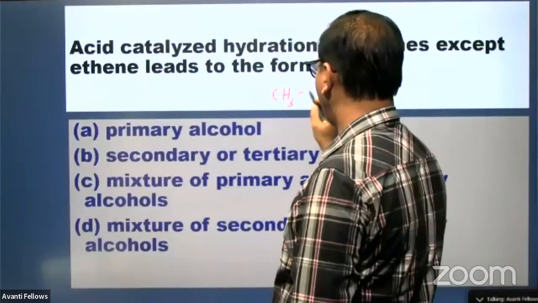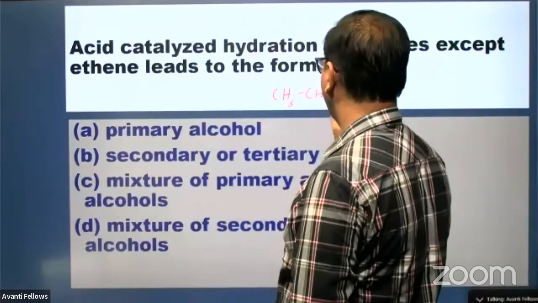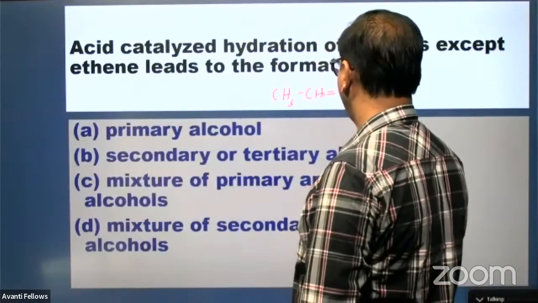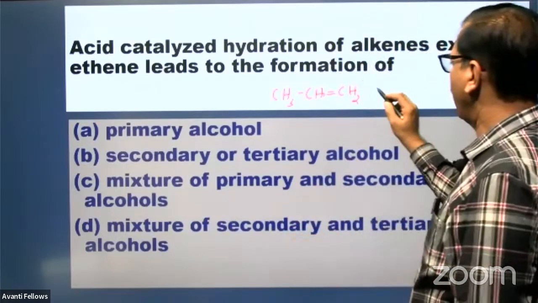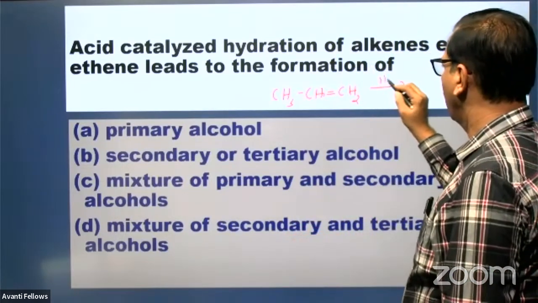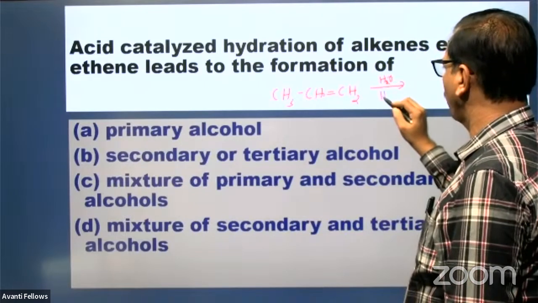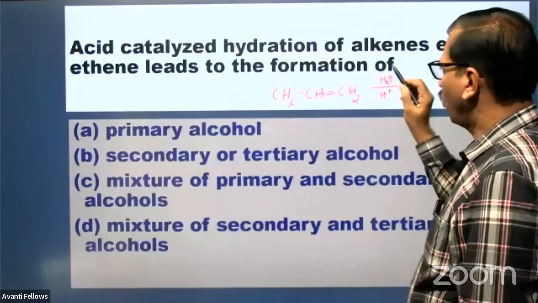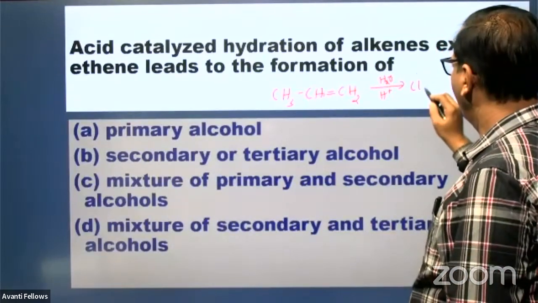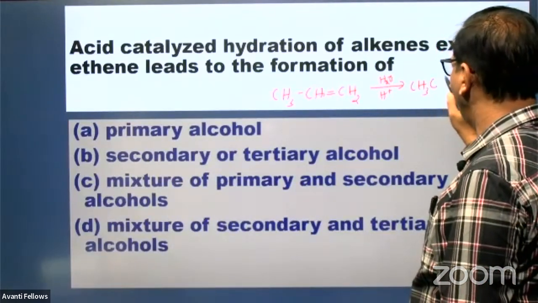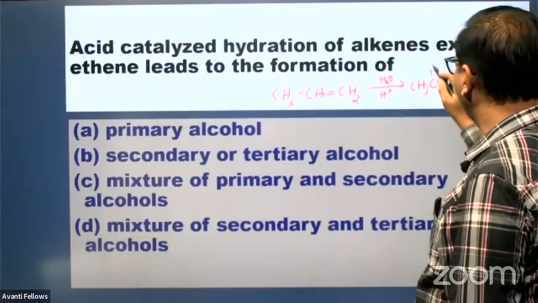Suppose I take some unsymmetrical alkene, right? This is propene, an unsymmetrical alkene. Acid catalyzed hydration: this is H2O in the presence of H+. The OH group goes to which carbon atom here? Markovnikov addition is taking place, right?